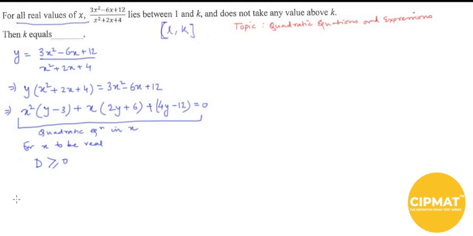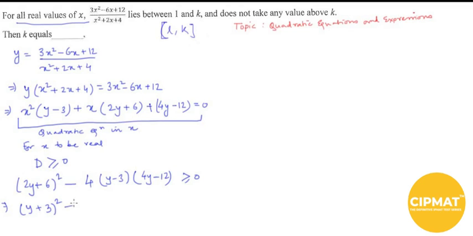So if we write the discriminant for this, we get 2y plus 6 square minus 4 times y minus 3 times 4y minus 12 is greater than or equal to 0. So if you simplify this equation, we get y plus 3 square minus 4 times y minus 3 square, that is greater than or equal to 0.